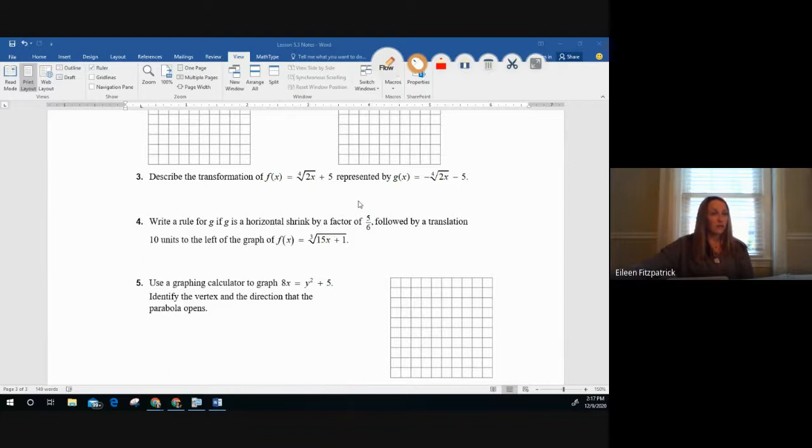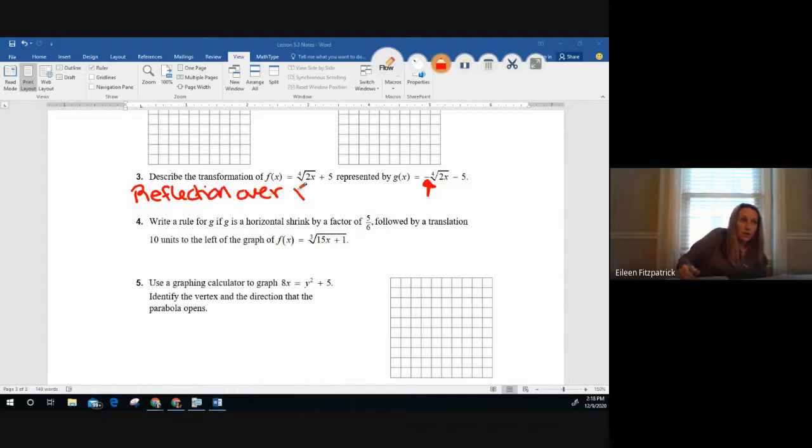I can see here that I had a positive, now I have a negative. So what does that do to the graph? It's a reflection over the x-axis.